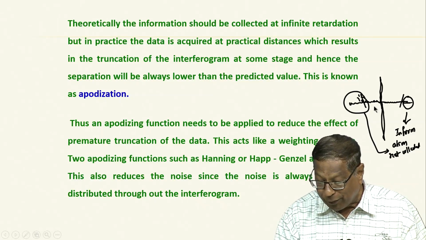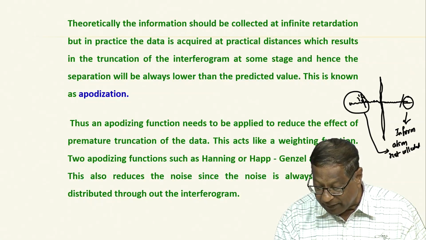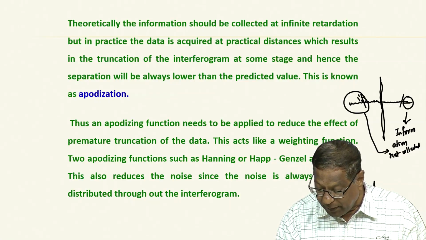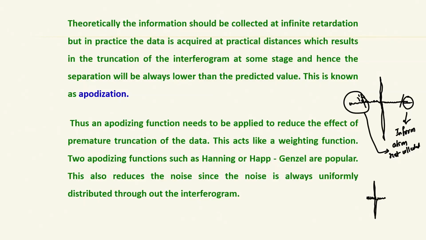Truncated information is only this much. At some stage I had to cut it off, and hence the separation will always be lower than the predicted value. This is understood now.